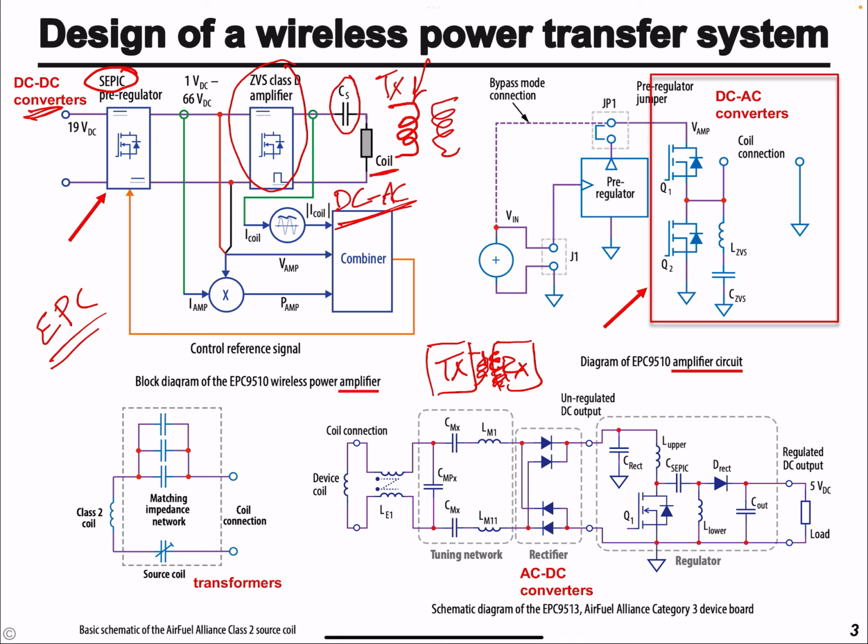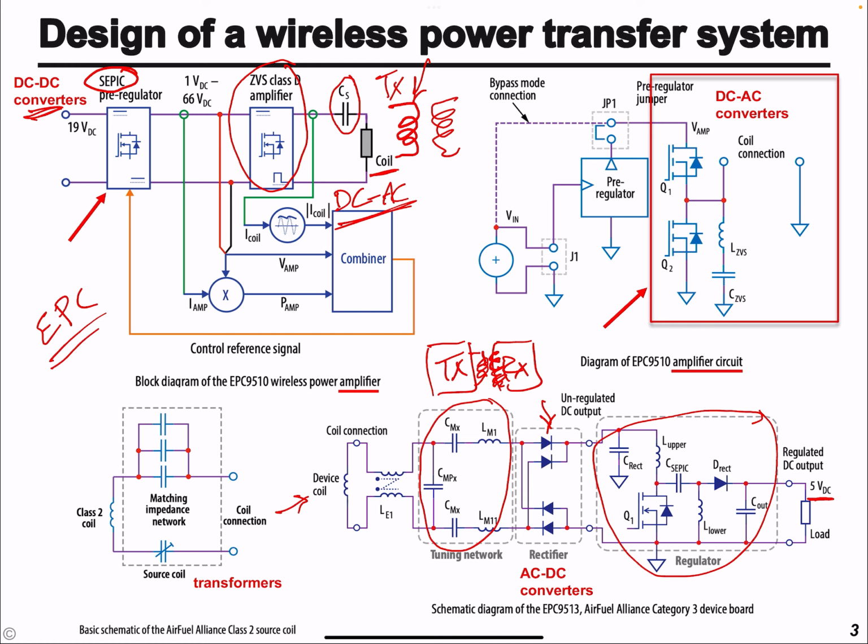Then in the receiving board, we have the receiving coil and resonant capacitors. After that, we have a rectifier or AC to DC converter, and then another DC to DC converter that provides a 5-volt DC to the electronic load.